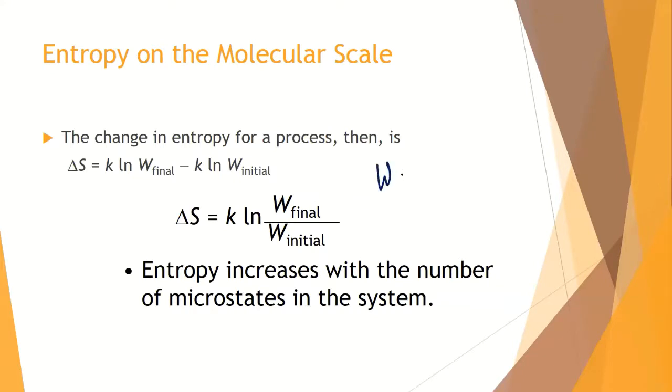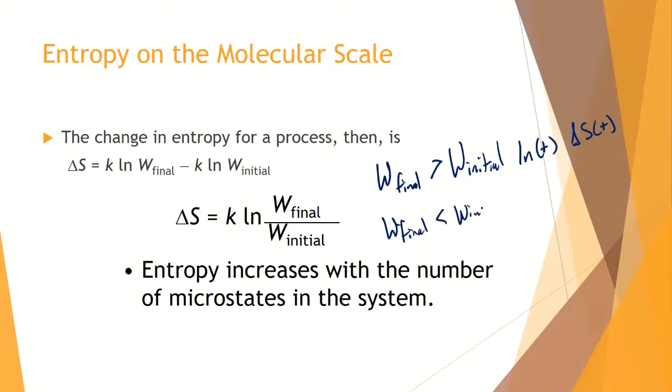Well, if my final number of microstates is greater than my initial, then the logarithm is positive, and so is delta S. But if my final number of states is fewer than my initial number of states, then my natural log term is going to be negative, and my delta S is going to be negative as well.